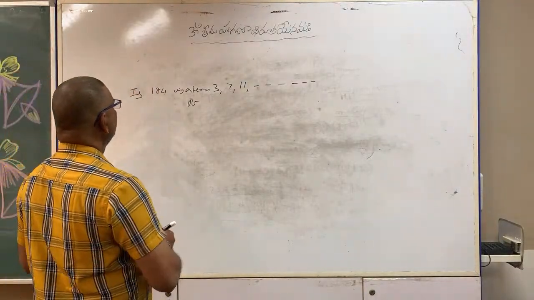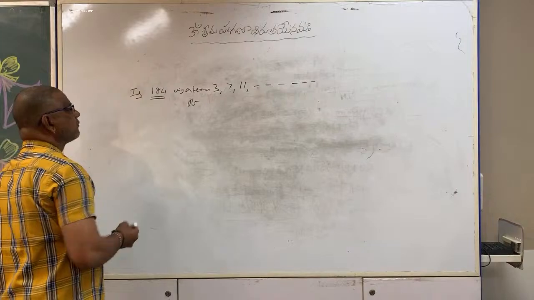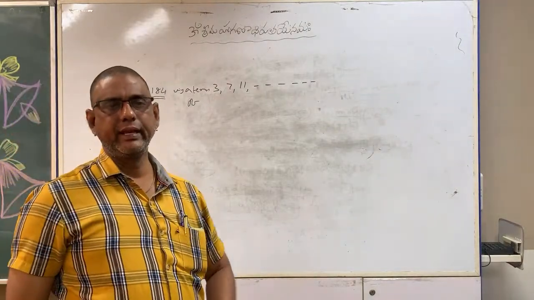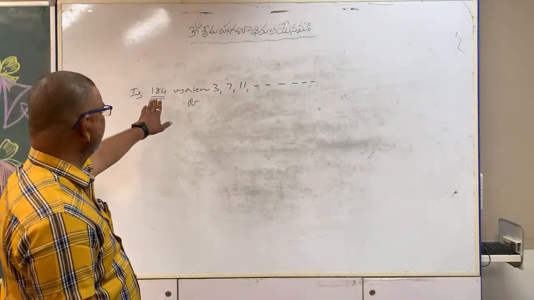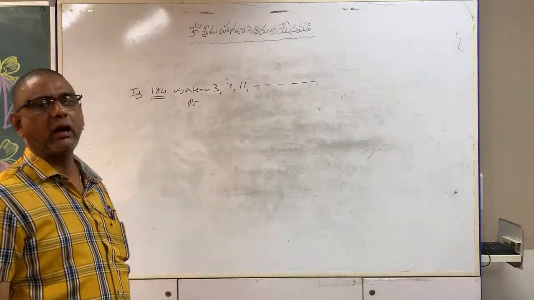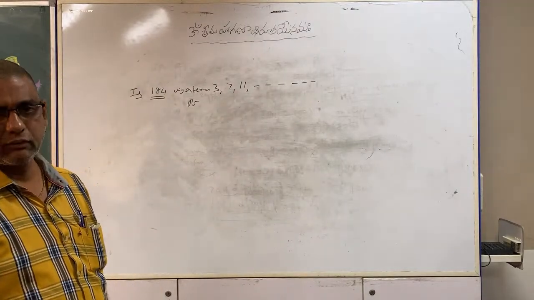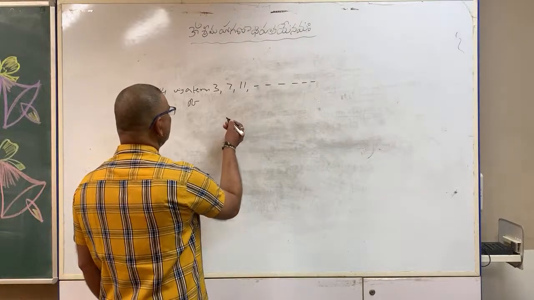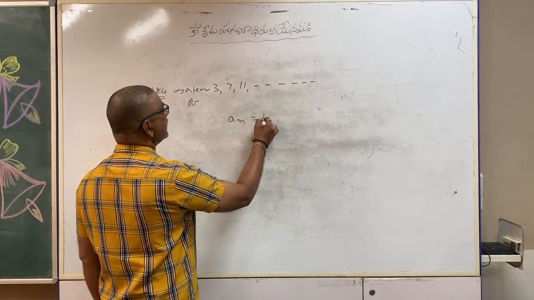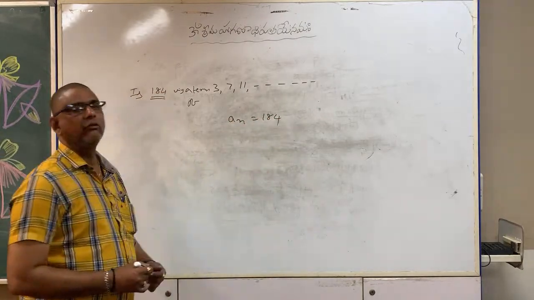We need to observe whether 184 is a term of this AP or not. For that, what we have to do? Let us assume AN is 184.